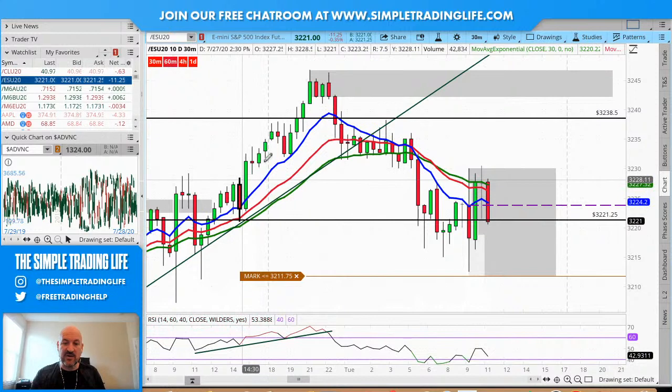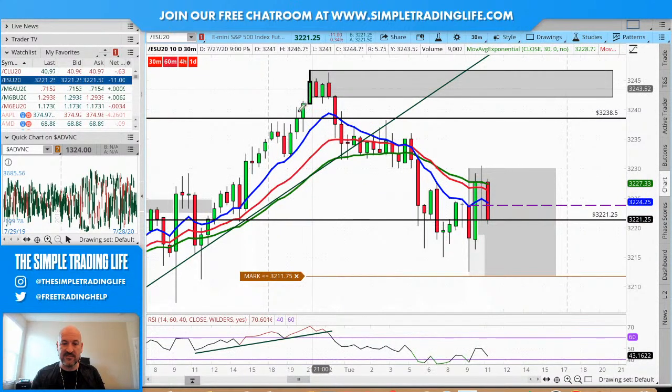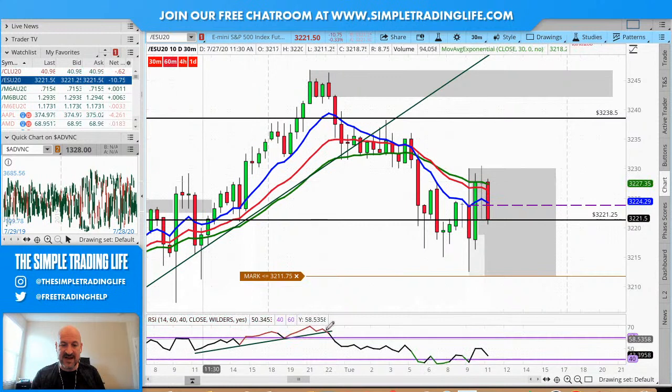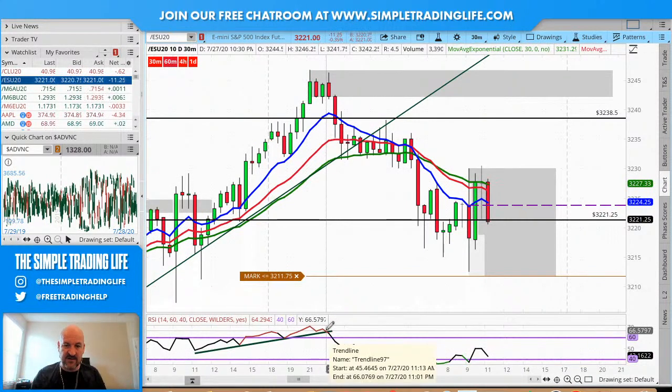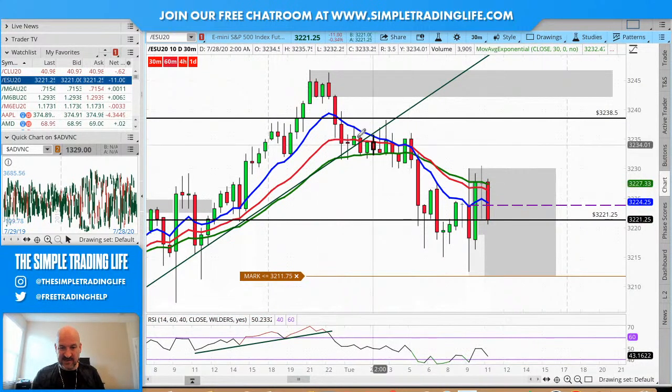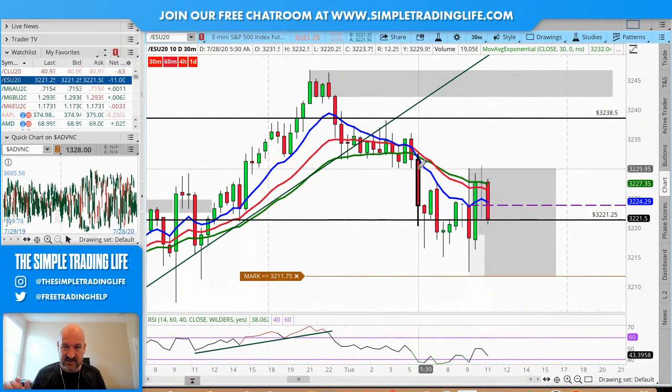Over here, this was a very high probability trade. Price above the moving averages, momentum to the upside, everything was in our favor. So over here, this is a great trade. Now, we don't want any of this garbage. See this? This is garbage.